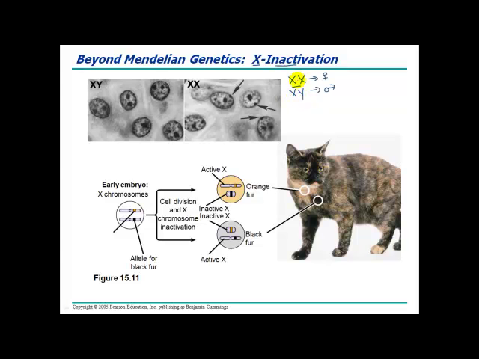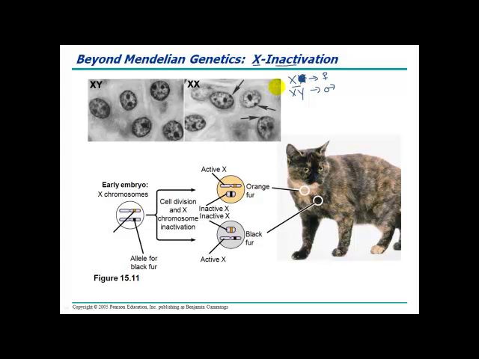Well, it turns out that in females, what we do is randomly in every cell of the body early in development take one of those X chromosomes and coil it, condense it down, compact it so that it's not expressed, or almost entirely not expressed, with the exception of a few genes that escape X inactivation.